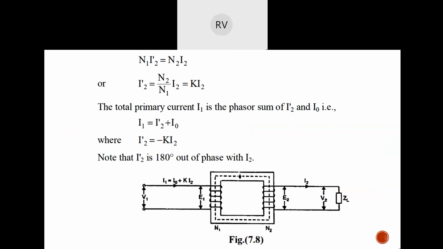So the formula for total primary current is I1 equals I2 dash plus I naught, where I2 dash is equal to minus K into I2. Why minus? Because it is 180 degrees out of phase with I2, so you get that minus sign.